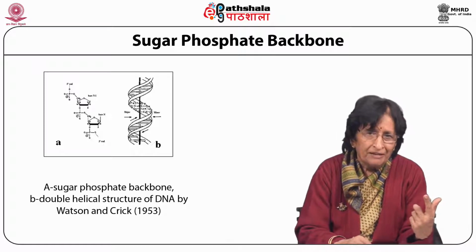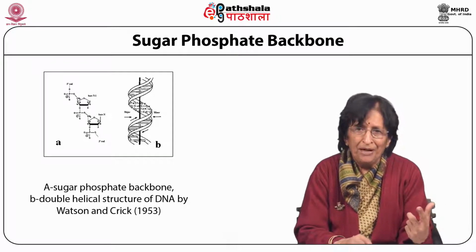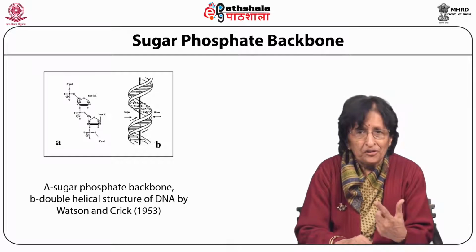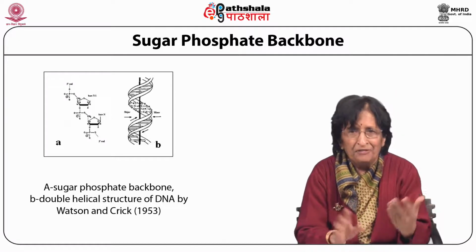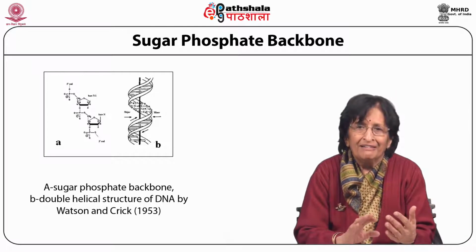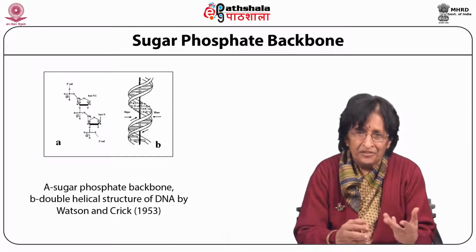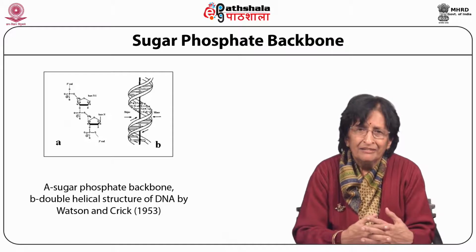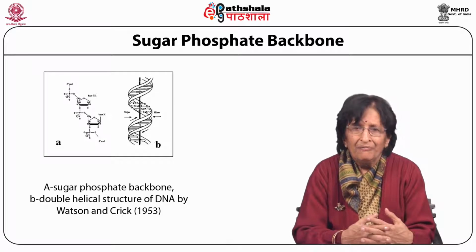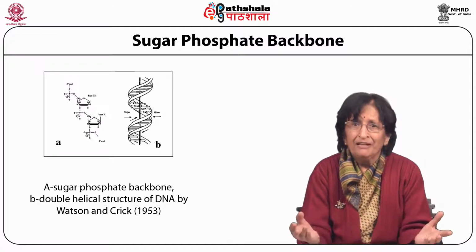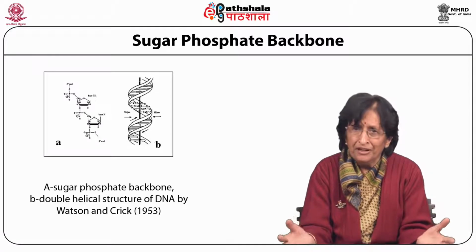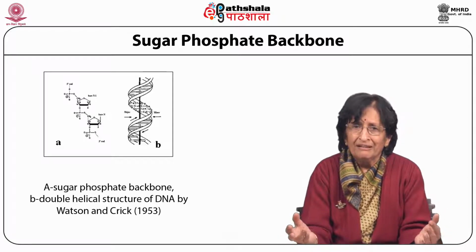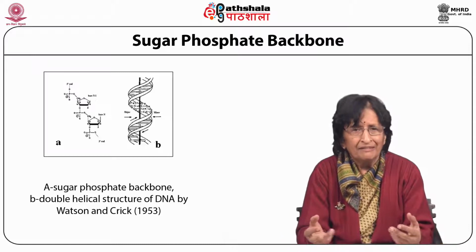We show in the figure sugar phosphate backbone. We also show how they wrap around each other in helical sense, which gives the Watson-Crick structure. Because the sugar phosphate backbones have an overall helical structure and they roll around each other.